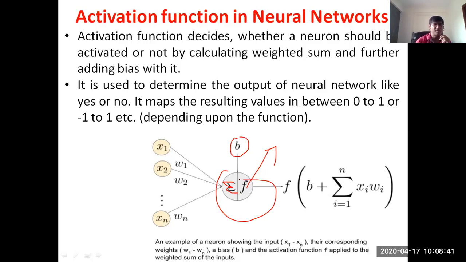But that would limit the functionality of the overall neural network, because dealing only in terms of linear functions is not going to give us much opportunity to learn. And that is where we need to look beyond the linear combination. The major purpose of the activation function is to learn non-linear functions from the model.